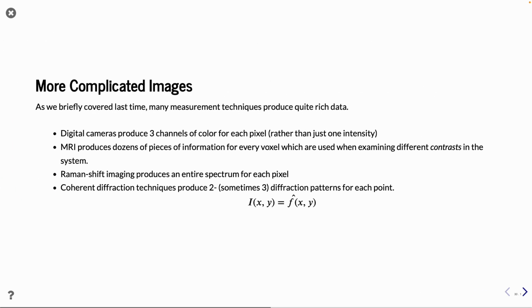So it can be even more complicated. We have images with multiple data on each point. For example, if you have a color image, you have 3 color channels. You also have MRI images that have different information, going more into spectral imaging.